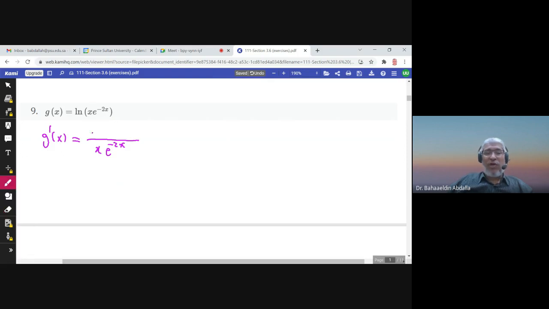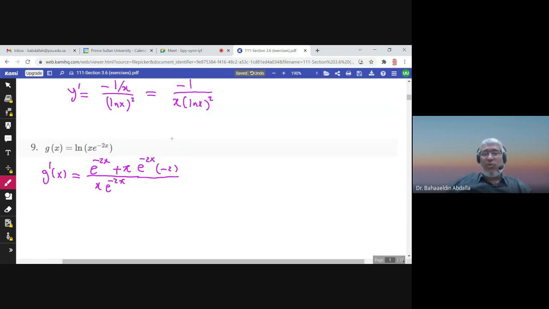Derivative of x is 1 times e to the power negative 2x plus x times the derivative of e to the power negative 2x, which is e to the power negative 2x times the derivative of negative 2x, which is negative 2. Remember, the derivative of e to the power u is e to the power u times u prime.